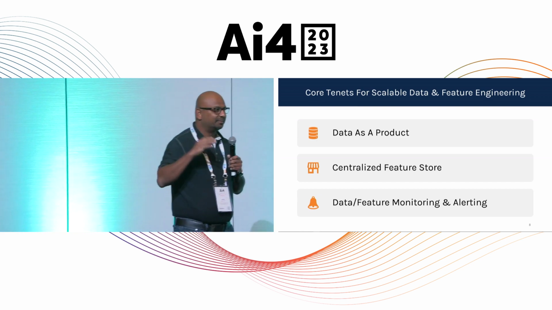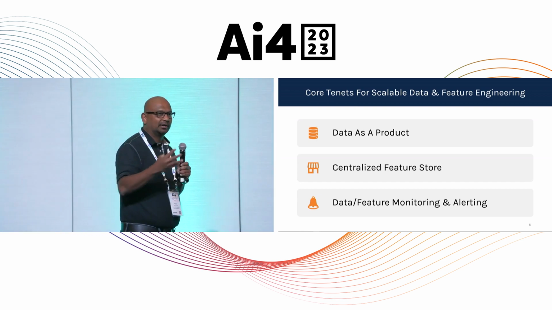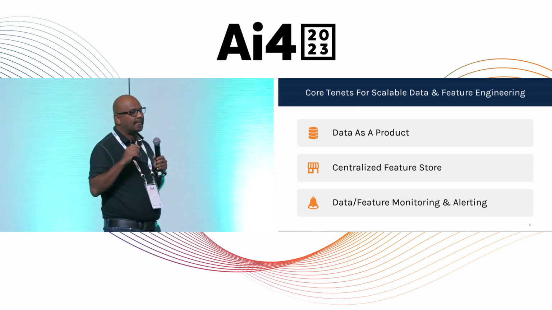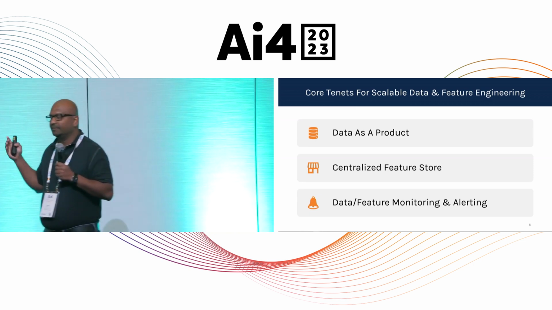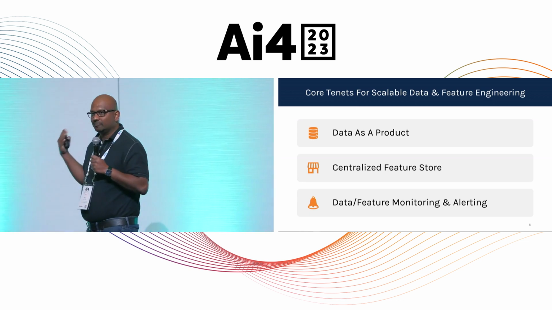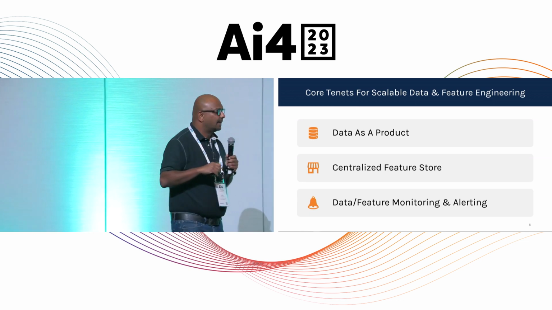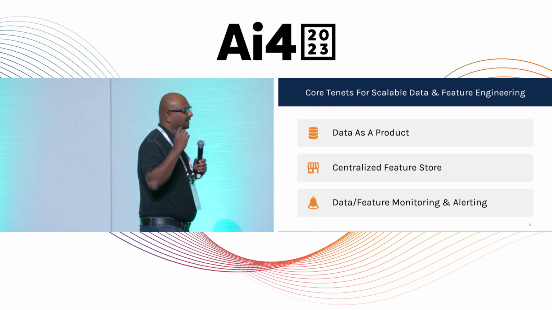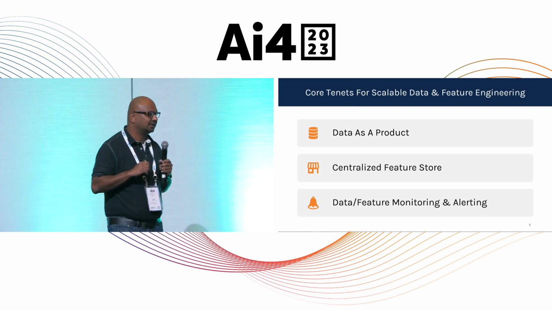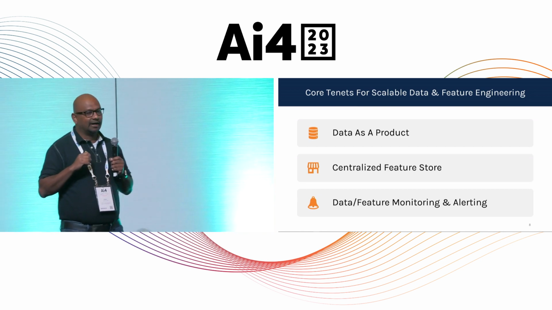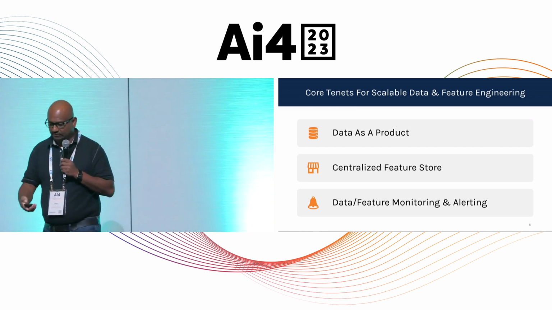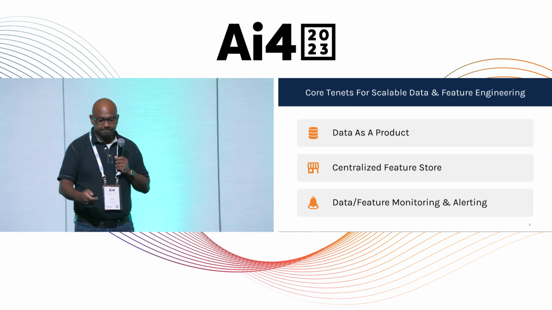I'm not talking about the big tech companies. I'm talking more like Procter and Gamble, those sorts of companies. There are so many businesses under them. Maybe it makes sense for them to have multiple feature stores for each of their specific businesses. But for most of them, one central feature store should be sufficient. And last, you want to have continuous monitoring for both your data as well as features.